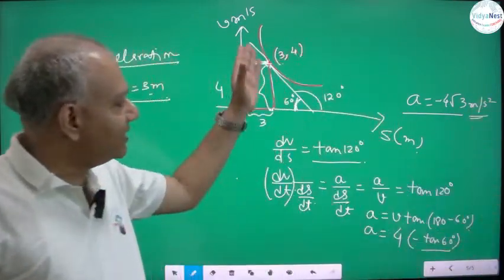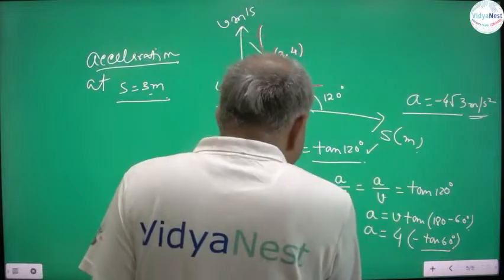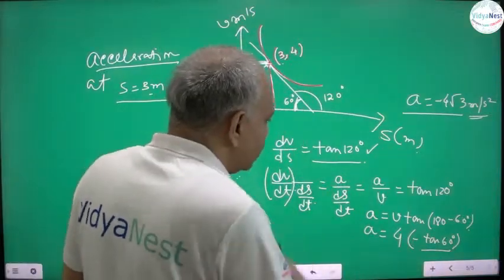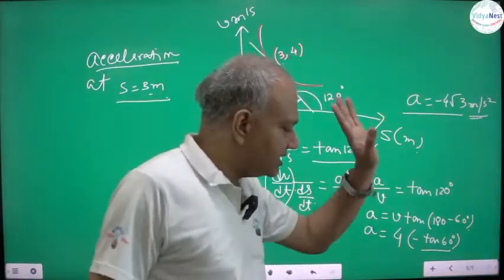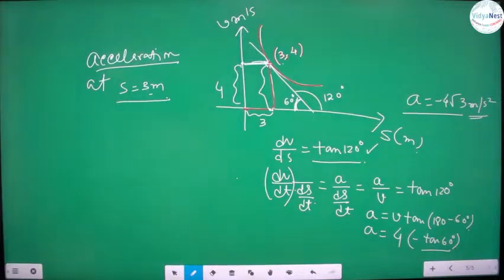So if this kind of graph comes, you have to understand that the rate of change of velocity with respect to displacement is the slope of the graph, and from the slope of the graph we arrange this system and from there we find the acceleration. I think it is clear, children. If still not clear, you can ask me. If you have confusion about this kind of question, you can ask me, no problem.